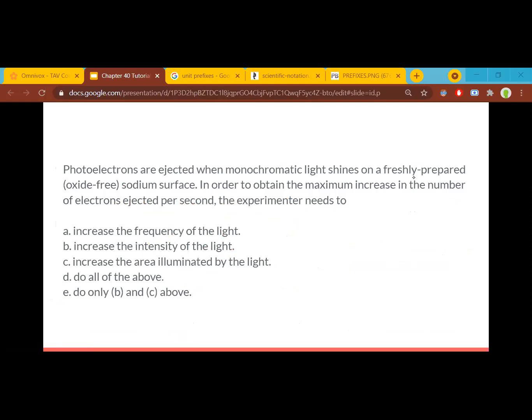Okay, one more question. Photoelectrons are ejected with monochromatic light. Monochromatic just means it's all one color, one wavelength. And you want to increase the current, essentially the photocurrent. So what do you need to do? I'll give you a minute to think about this one.